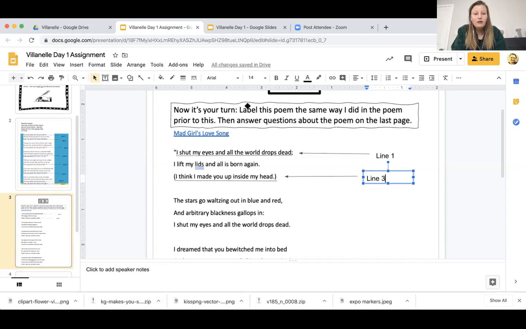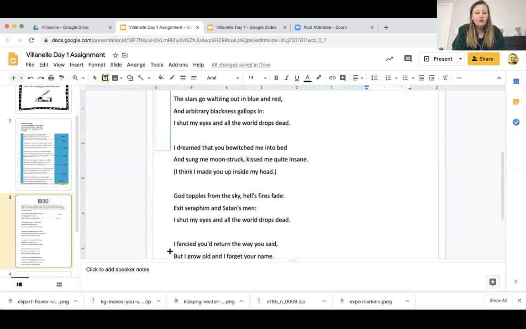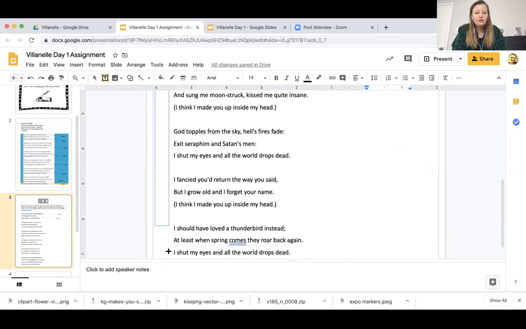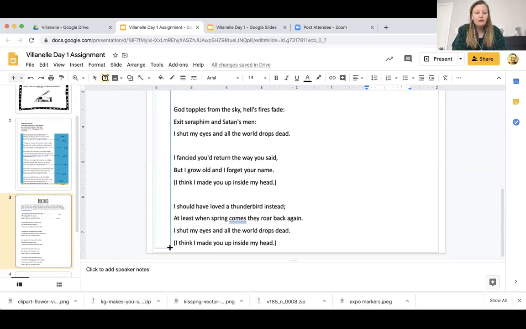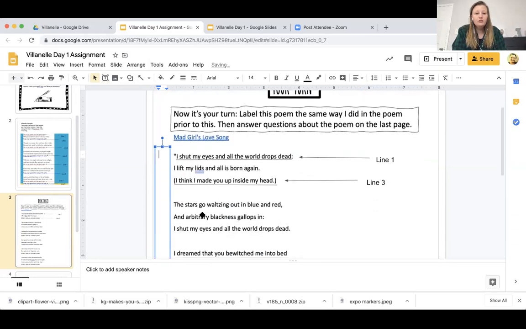Now, how you do rhyme scheme. You click text box and you're going to draw a text box down the side of your document. Okay? You're going to draw a text box all the way down to the bottom. And you're just going to label the rhyme scheme. So every first line of every poem is always going to be A. The second line, if it doesn't rhyme with the first line, is going to be B. And then you're just going to label all of those lines that rhyme with each other.